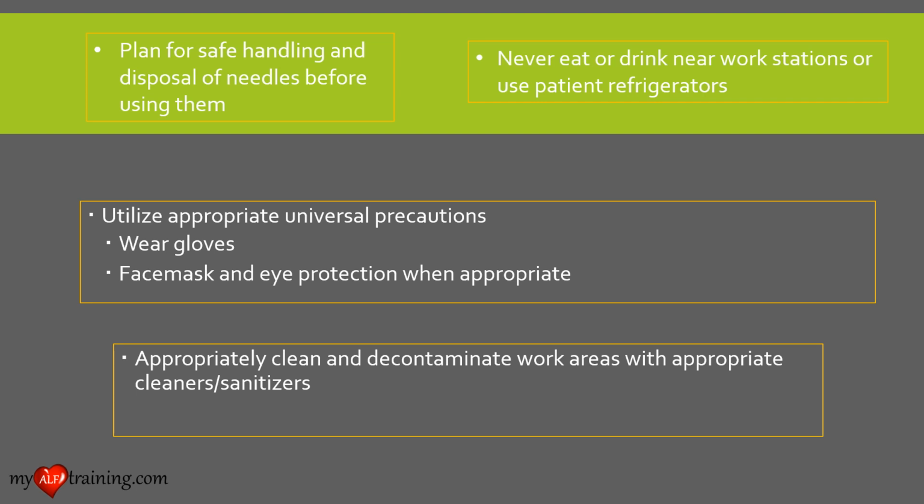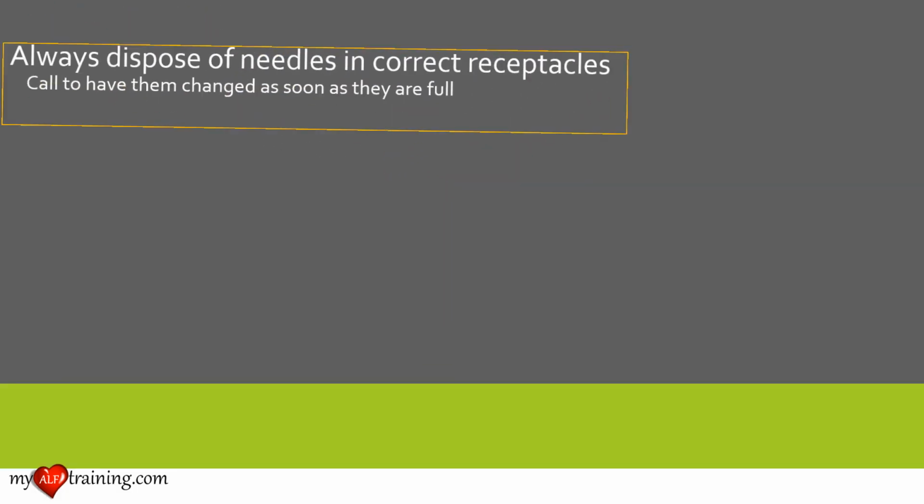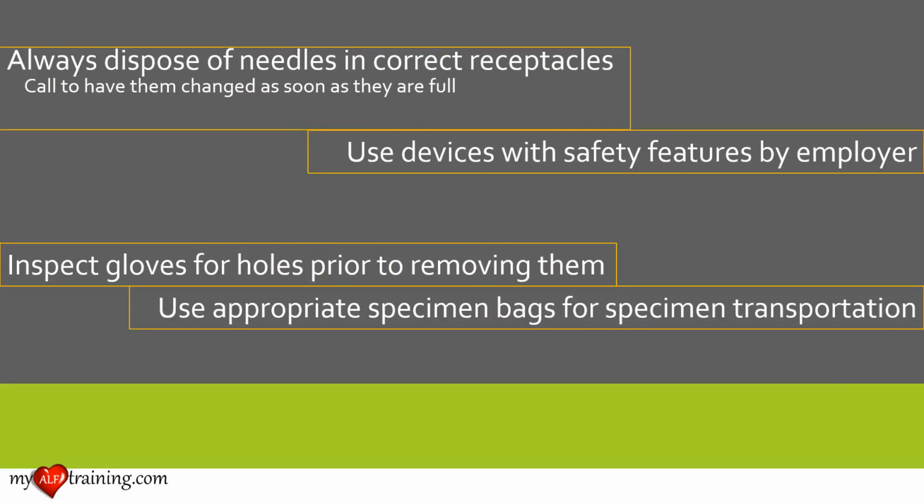We're going to appropriately clean and decontaminate work areas with appropriate cleaners and sanitizers. Always dispose of needles in correct receptacles. If you happen to notice the sharps container is full, then immediately call to have it changed as soon as possible. Use the devices with safety features that are provided by your employer, such as self-sheathing needles.